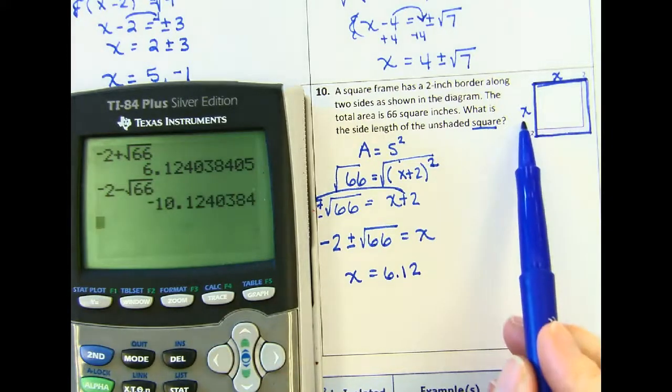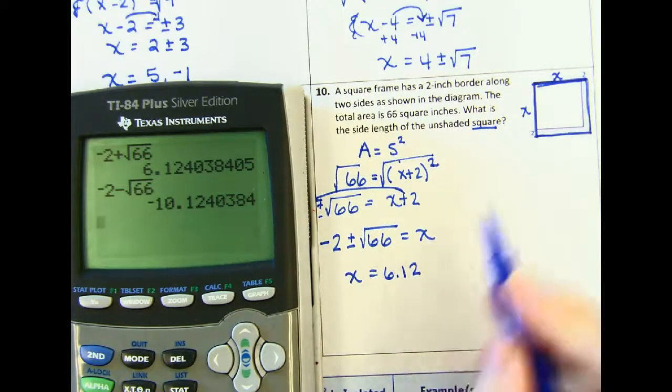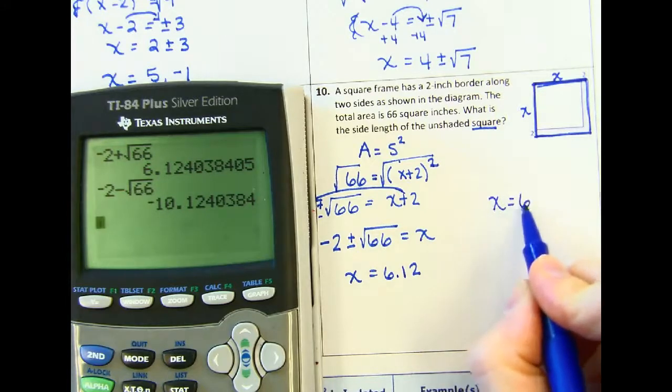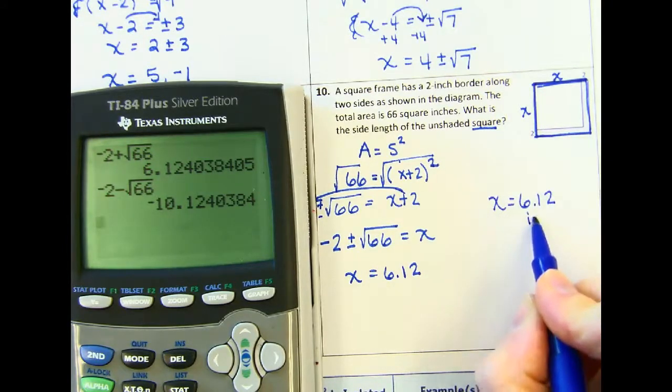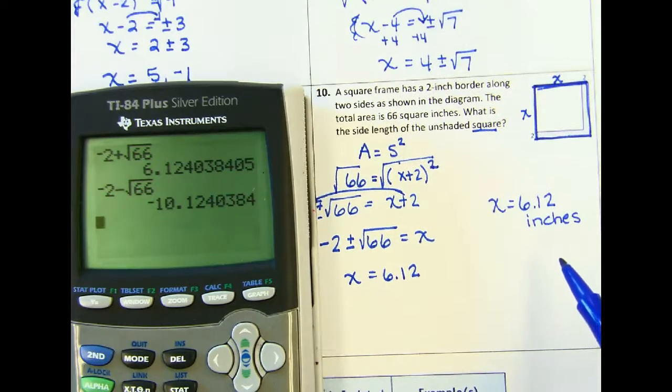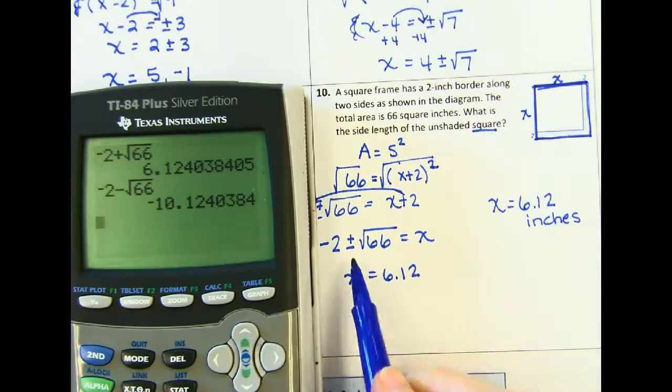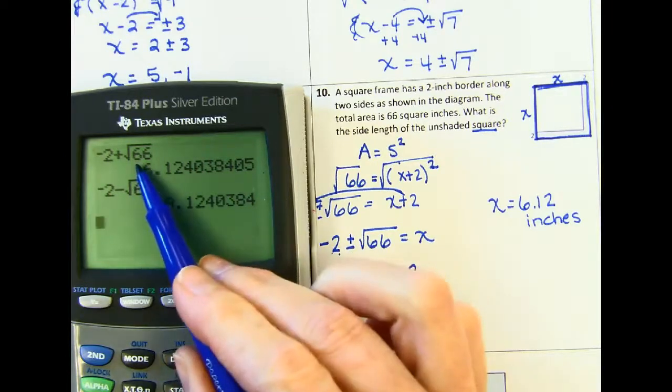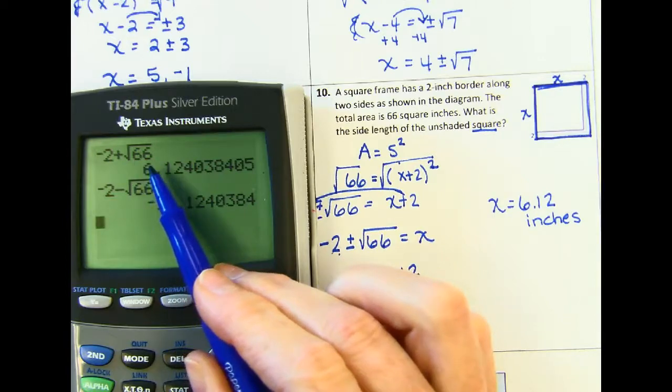And once again, x cannot be negative inches. So we are going to go with x equals 6.12 inches. If I wanted to say an exact answer, I would say negative 2 plus the square root of 66. So that would be your exact answer there.